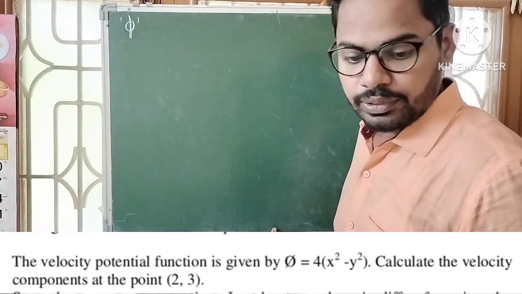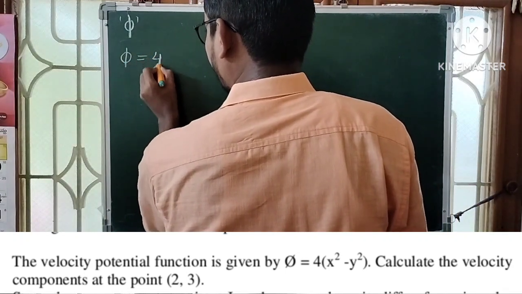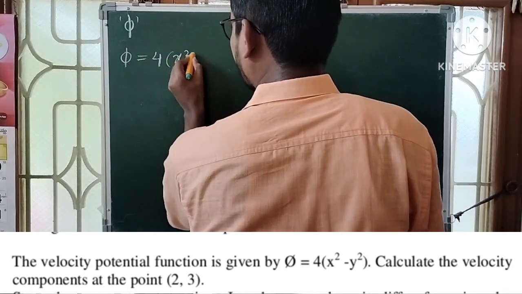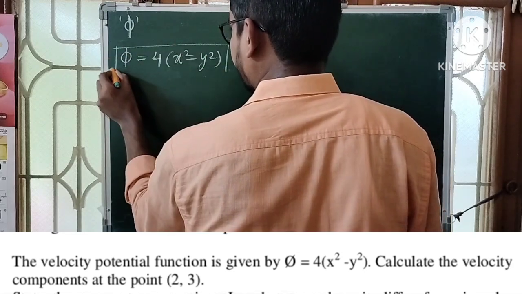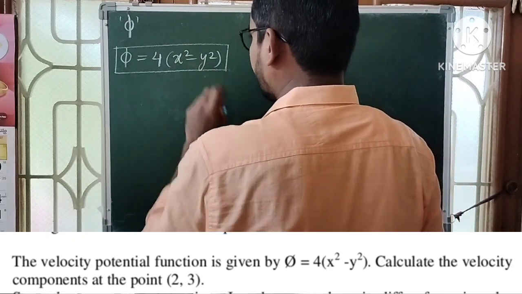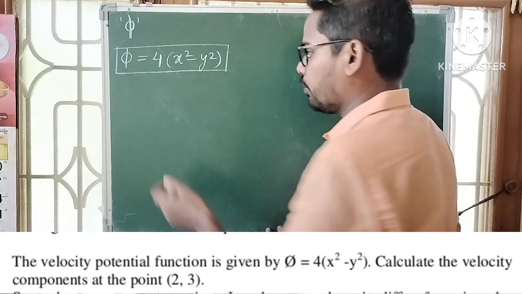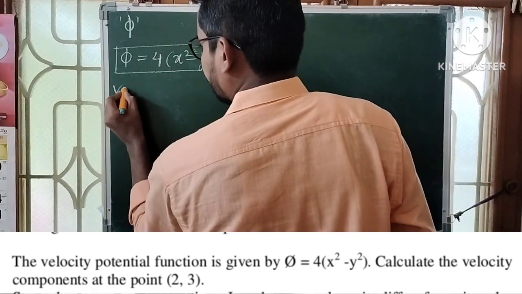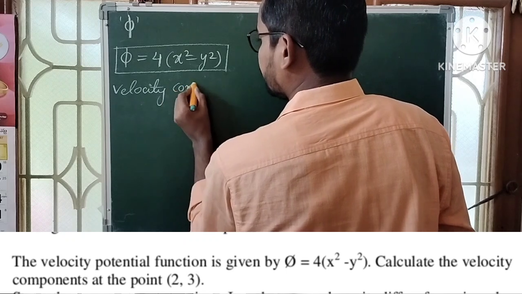So here phi is equal to 4 into x square minus y square. This is the velocity potential function in 2 dimensions, so x and y are given. Next we have to find the velocity components at the point (2, 3).